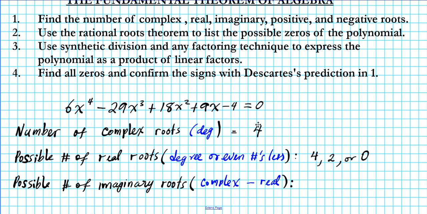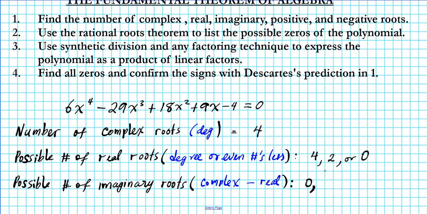Okay, so let's carry out our calculations. We have a total number of 4 complex roots. Now what if 4 of them are real? If there are 4 complex roots and 4 of them are real, then how many imaginary roots do we have? Absolutely none, because 4 minus 4 is 0. Now what if out of the 4 complex roots that you have, 2 of them are real?